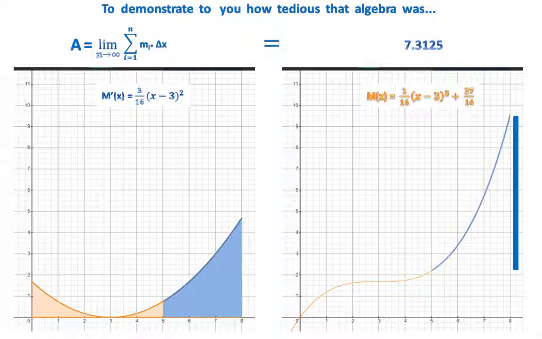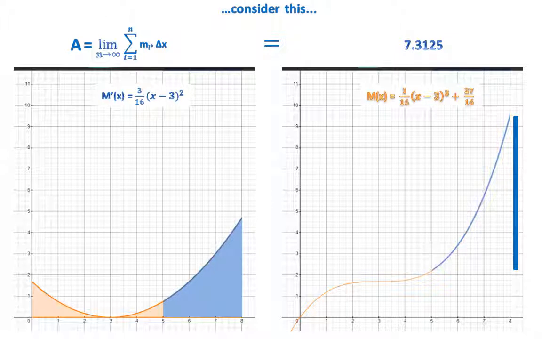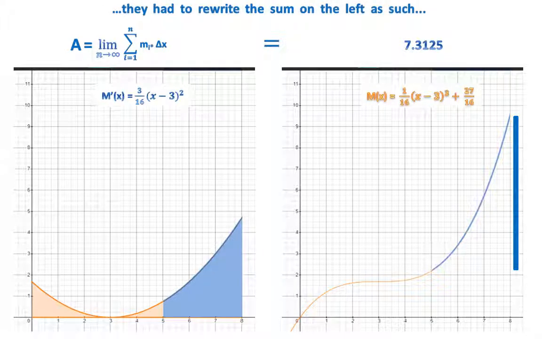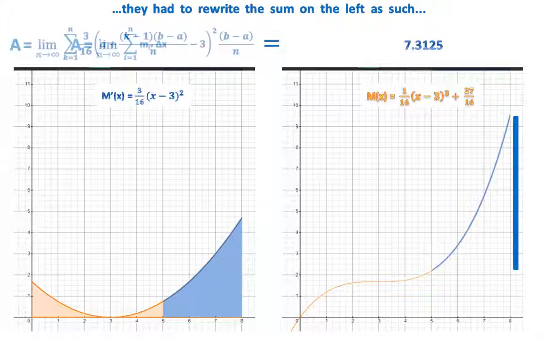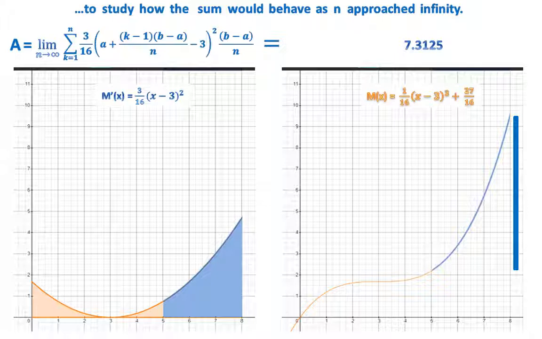To demonstrate to you how tedious that algebra was, consider this. They had to rewrite the sum on the left as such to study how the sum would behave as n approached infinity.